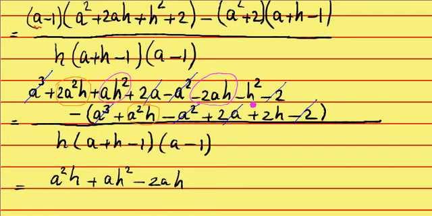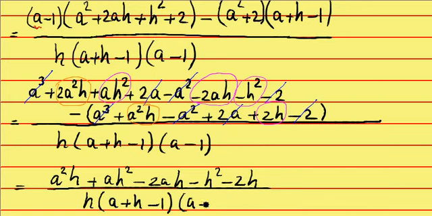Then I have minus h squared and minus 2ah minus 2h, and that I have accounted for everything in the numerator, I believe, if I haven't missed anything. Denominator, I just have h times a plus h minus 1 times a minus 1.